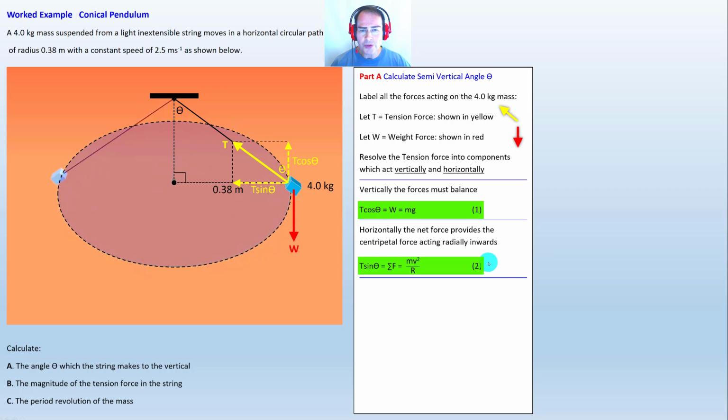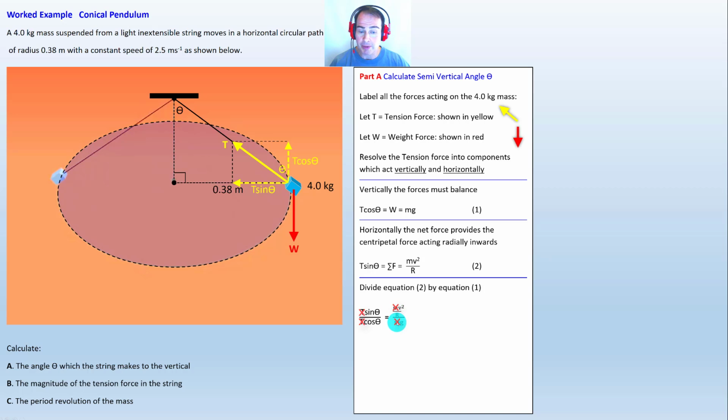The best way to solve this is to divide equation 2 by 1, and this achieves two things in one action. Dividing equation 2 by equation 1, so equation 2 is T sine theta equals mv squared over r, that's this expression here, and equation 1 is T cos theta equals mg, shown on the bottom. Now you might notice straight away that the T's cancel off, but also the masses cancel off, and we eliminate two of the variables straight away.